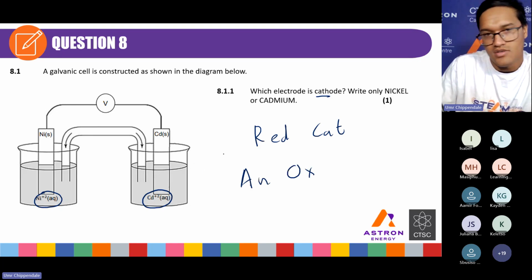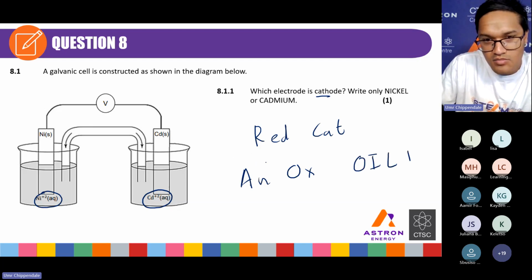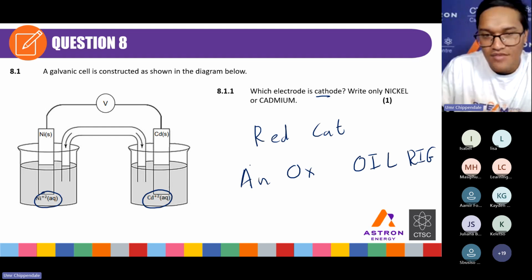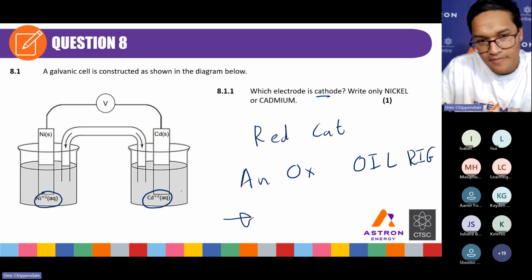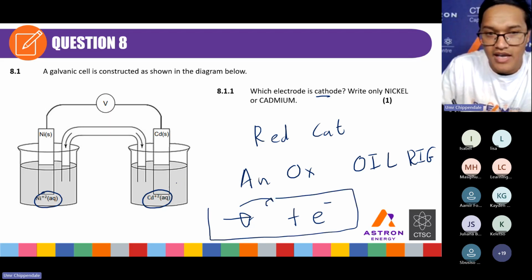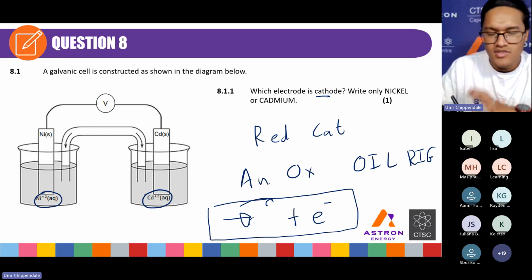I know I'm giving a short lesson here, but sorry, oil rig. I need to make sure everyone understands this. Oil rig. Oxidation is when you have a loss of electrons. So whenever you find in your equation the electrons on the right-hand side of the arrow, that is your oxidation half reaction, because you are losing your electrons.